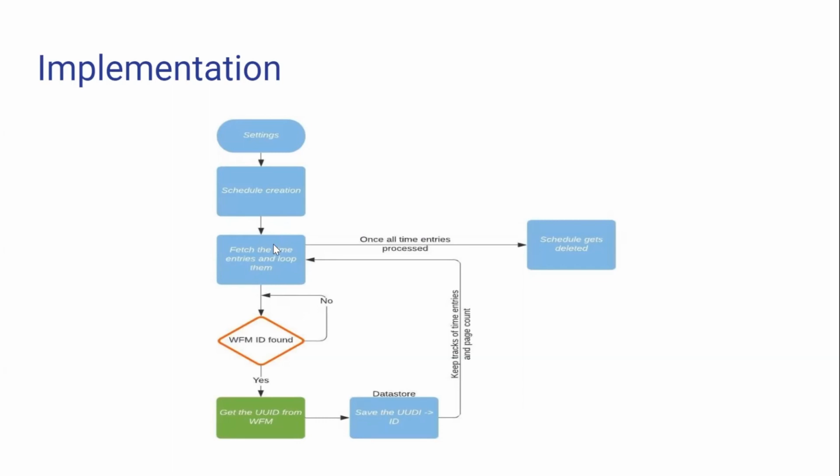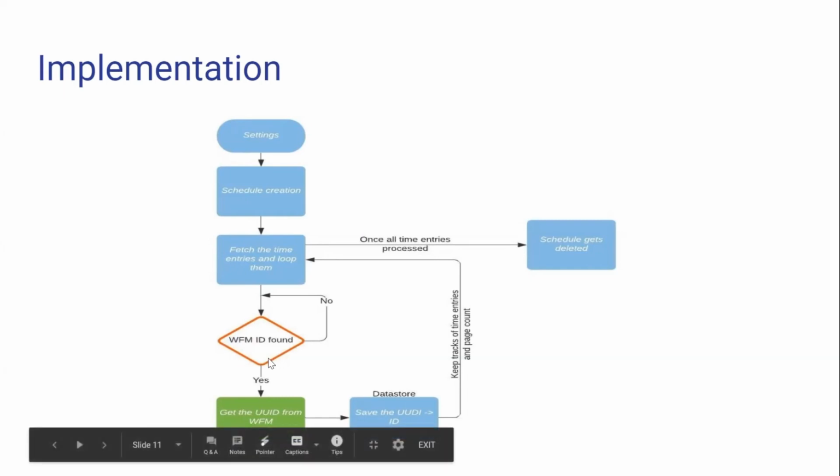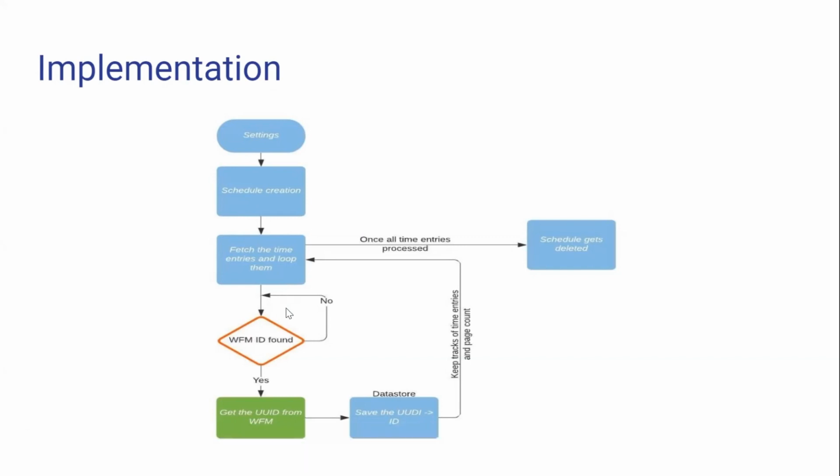What it actually does when the scheduler runs is fetch the customer's time entries, all the time entries, using the time entries list API call. We run through each time entry and check whether we have a corresponding Workflow Max ID in the DB.